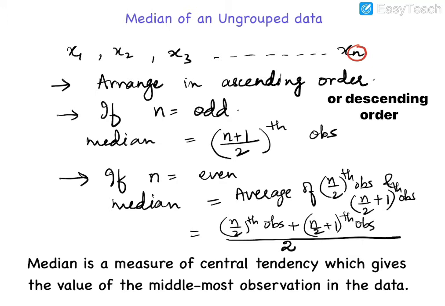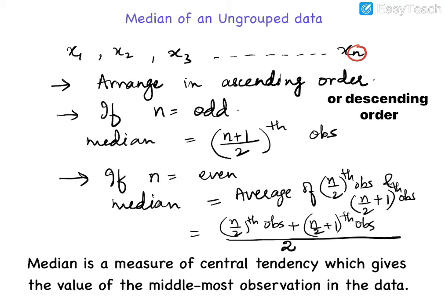Now the same method cannot be applied to find the median of grouped data, because a grouped data has observations in terms of class intervals. So the method of finding median for a grouped data is entirely different. So now we will understand how to find median of a grouped data.